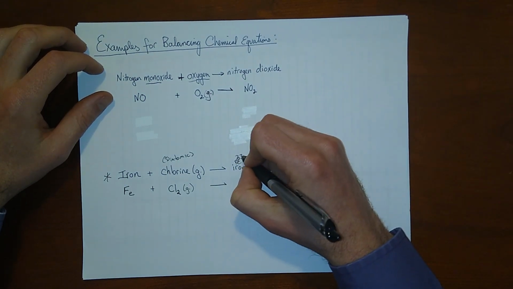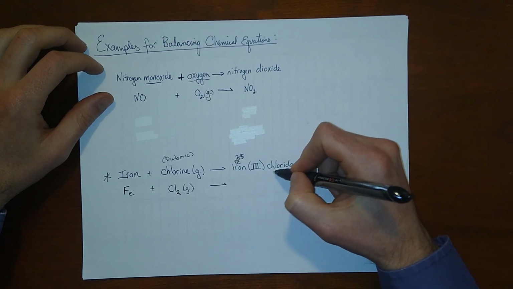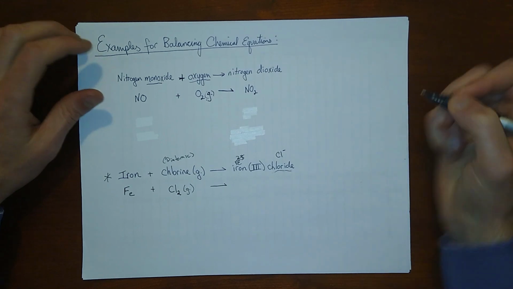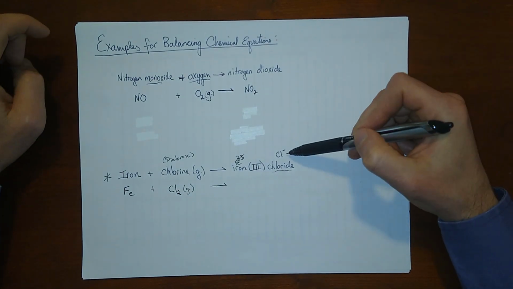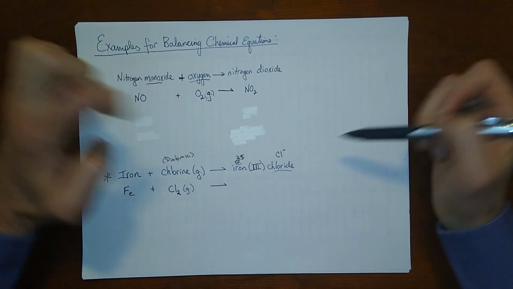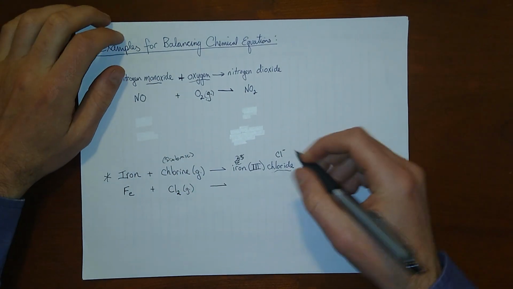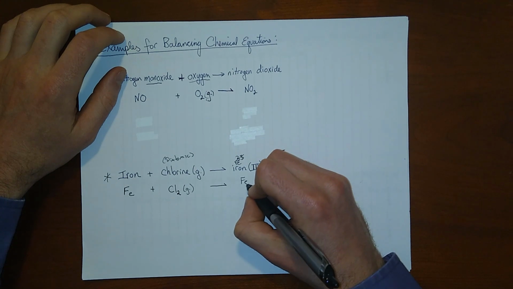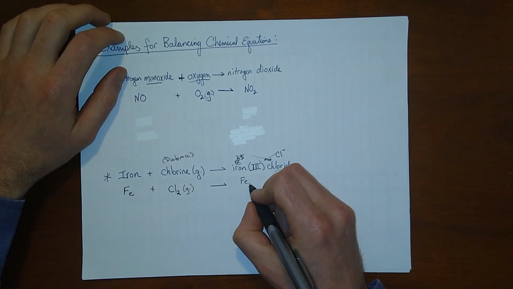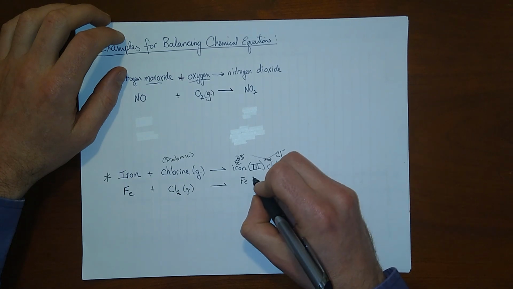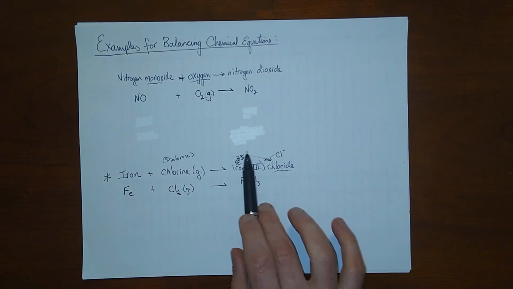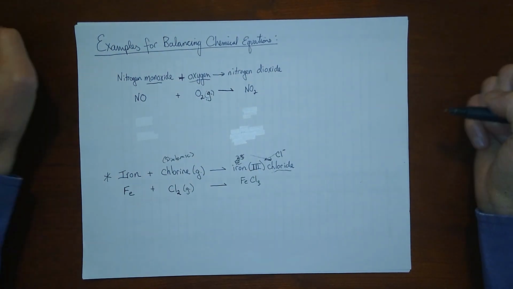Chloride is chlorine as an ion, and if it's just a single chlorine ion, then it's going to have a 1- charge. So we have a 3+ and a 1-. So iron 3 chloride has the formula, again, we just crisscross the oxidation numbers, Fe1 Cl3. And that's how I get these to add to 0 in this case.